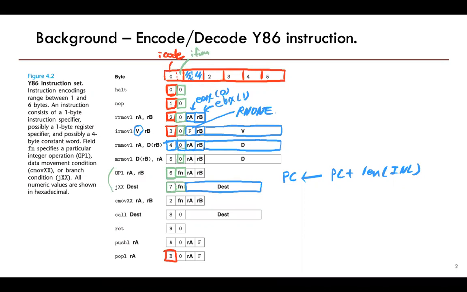So when we don't take the branch, we just use this equation to update PC. But if we decide to jump to the destination, then we update PC with the destination value in the instruction, right? This decision making will be done during execution, but this week we are not going to implement the execution unit, so we don't have this case. So even though we fetch a jump instruction, we will just update PC with this equation. Okay.